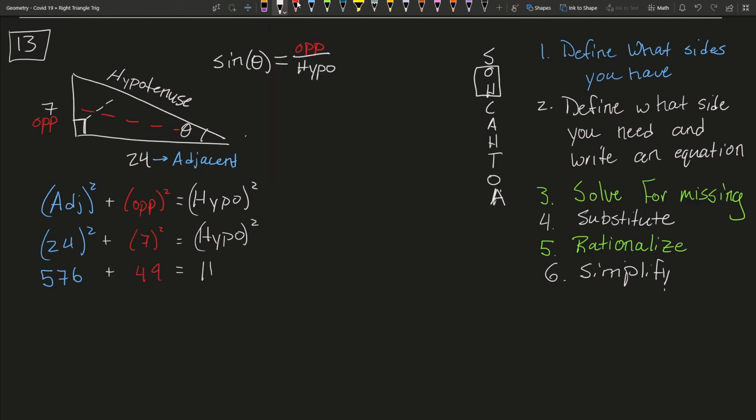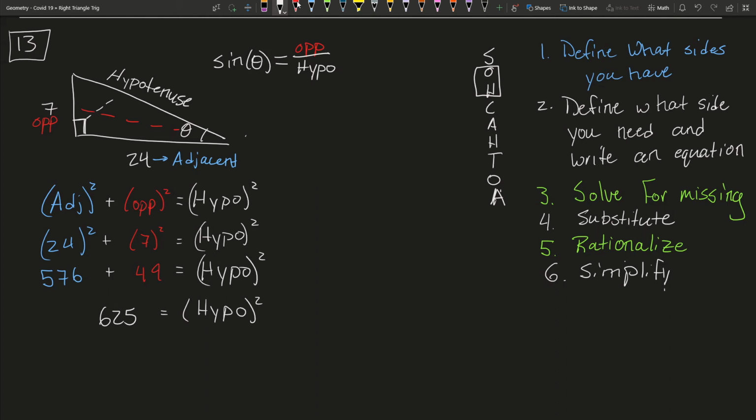And then we still don't know the hypotenuse squared. Okay, but then we can simplify this left-hand side and then just solve for that hypotenuse. So 576 plus 49 is 625. Then we have that the hypotenuse squared is equal to 625.